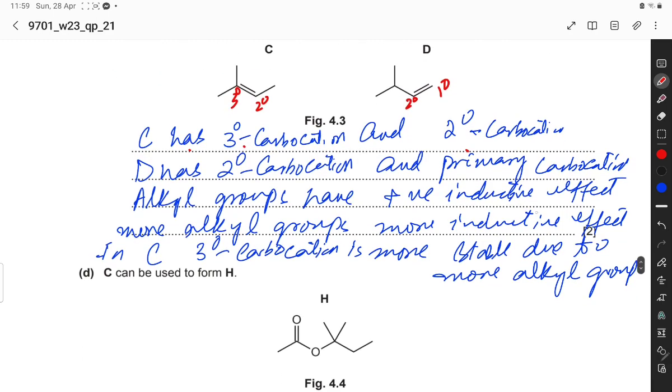Alkyl groups have a positive inductive effect. More alkyl groups mean more inductive effect. In C, this compound is more stable because this is a tertiary carbocation. When the double bond breaks, this becomes a tertiary carbocation with more inductive effect. So in C, the tertiary carbocation is more stable due to more alkyl groups.